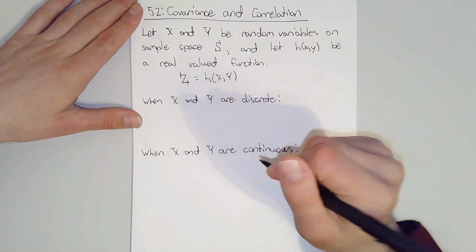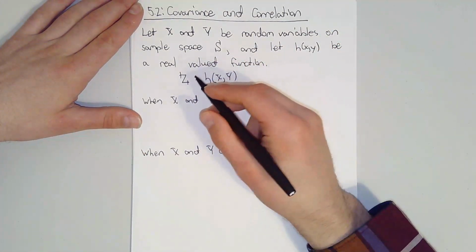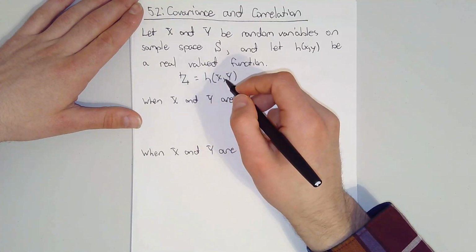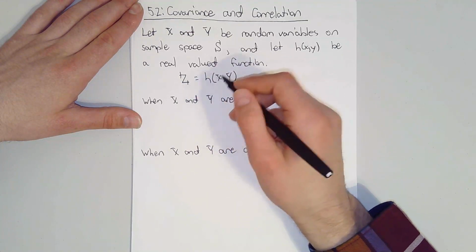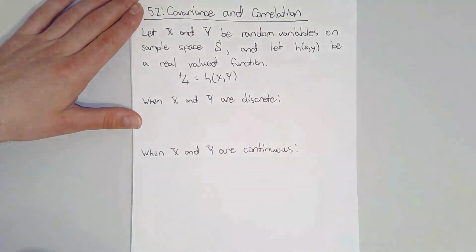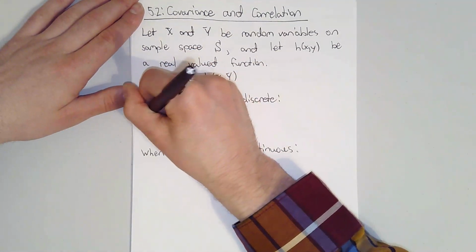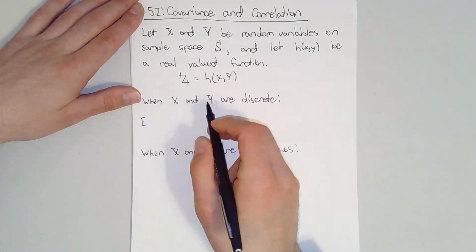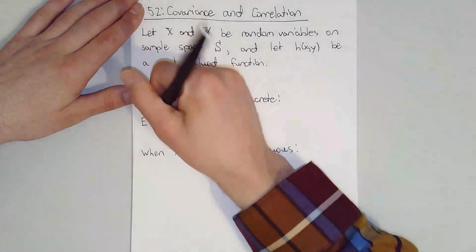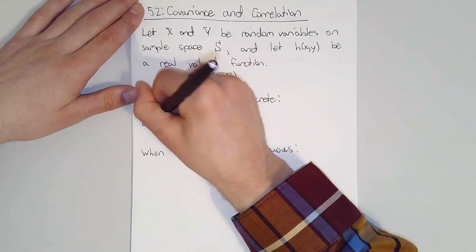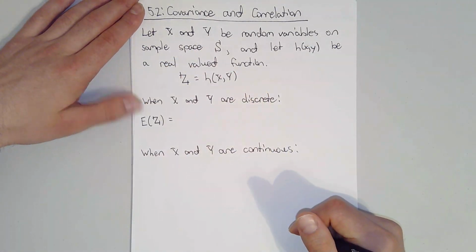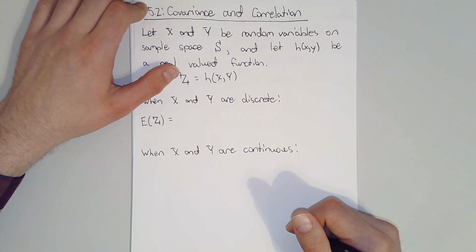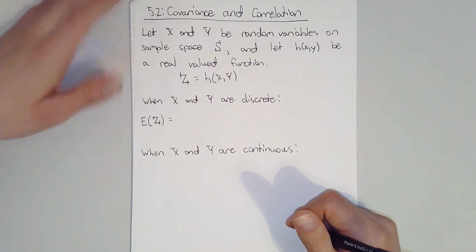So one question is, how do we compute the expectation of a random variable defined in the following way? In the case that capital X and capital Y are discrete, the random variable Z will also be a discrete random variable.